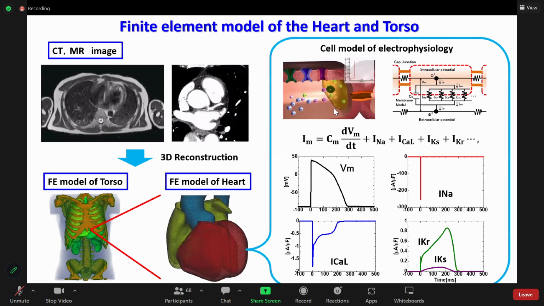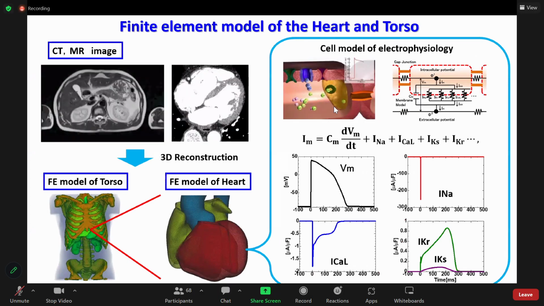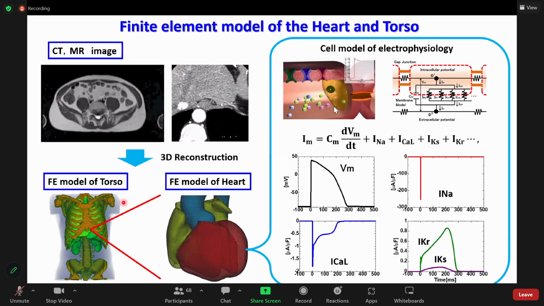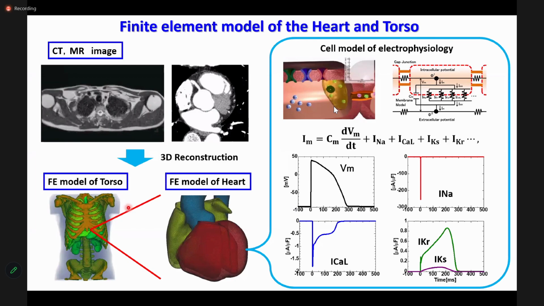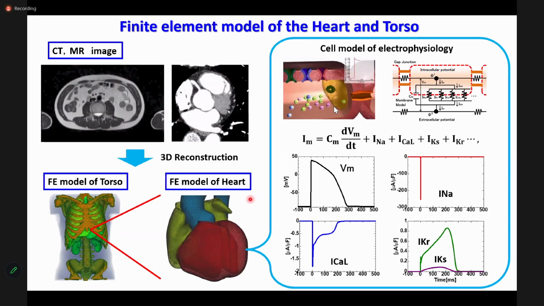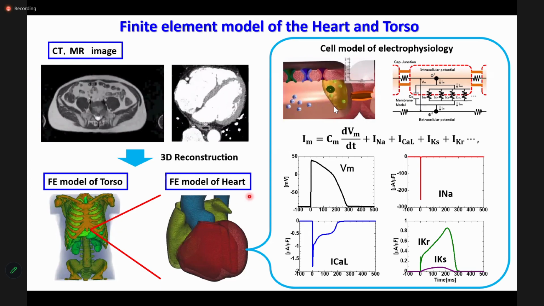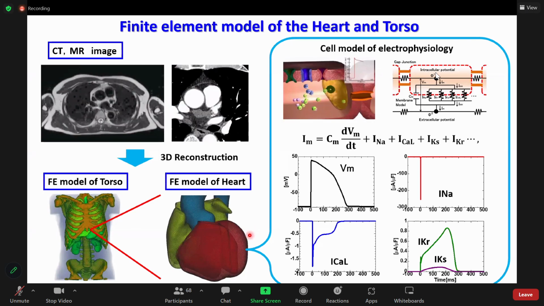In the torso model, the electrical source is represented by the difference of electrical conductivity, and the cell model of electrophysiology is embedded in the heart finite element model.